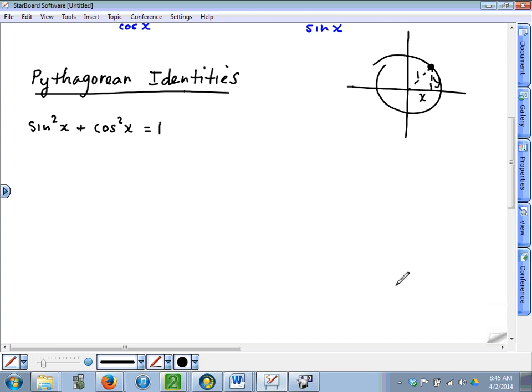Now there are various variations, that's an oxymoron. There are variations of the Pythagorean identity, which you must also know. Take a look up at the screen for a second. What would happen if I divided each of these terms by sine squared of x?